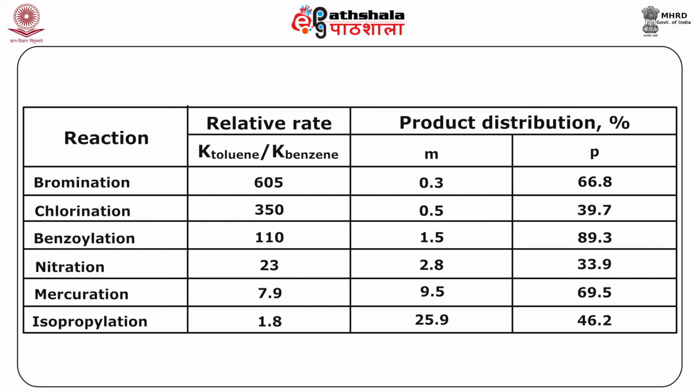Now you can see here this table tells you about the relative rates and isomer distribution for substitution in benzene as well as toluene. You can see for bromination, chlorination, benzoylation, nitration, mercuration and isopropylation what the relative rates, the product distribution and their ratios are.